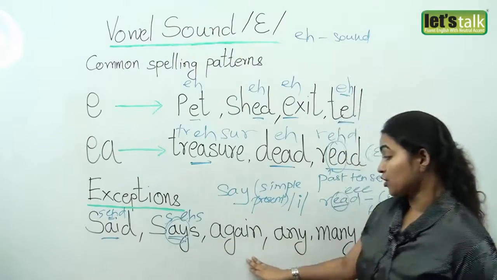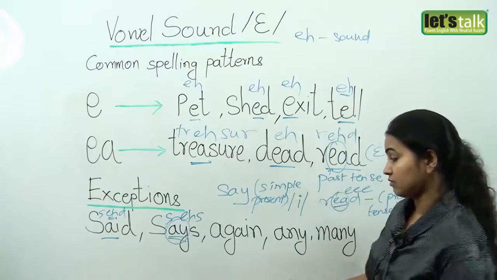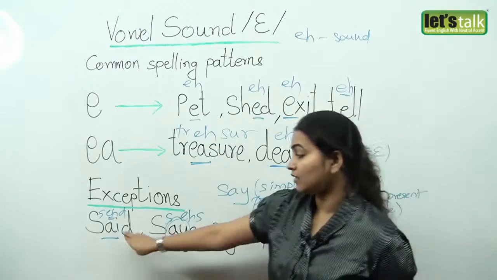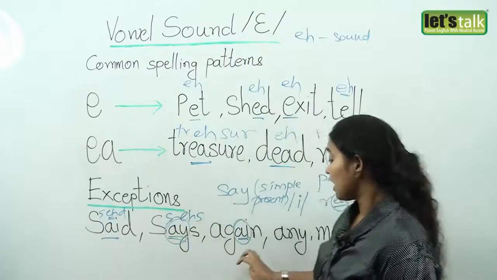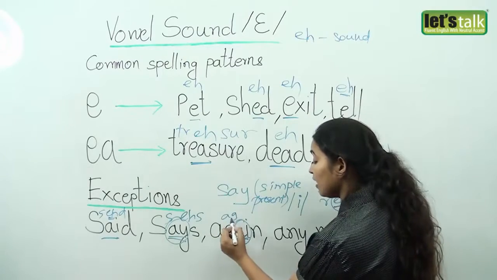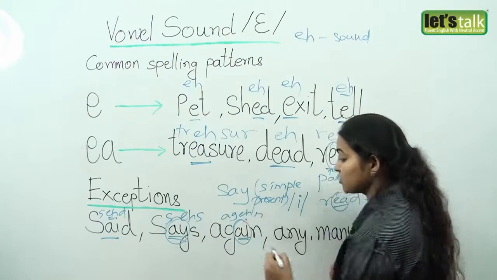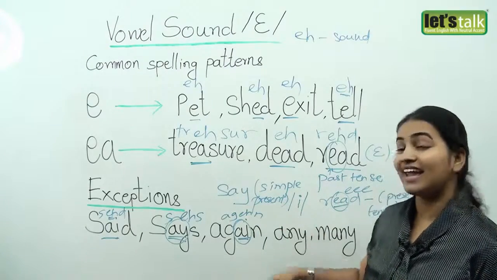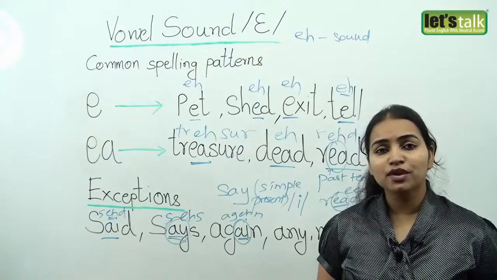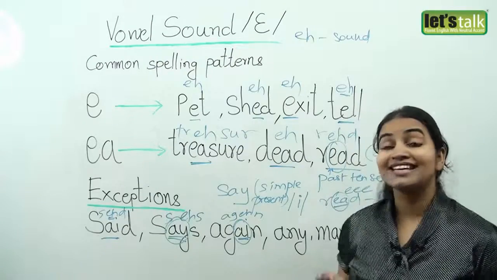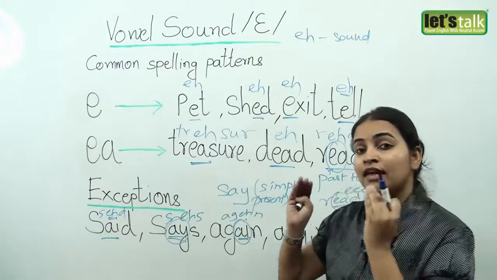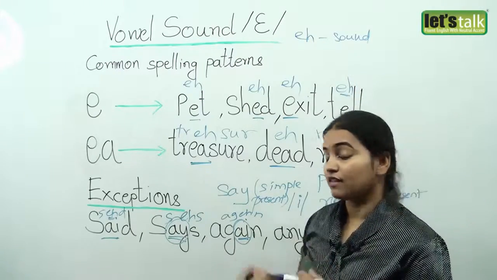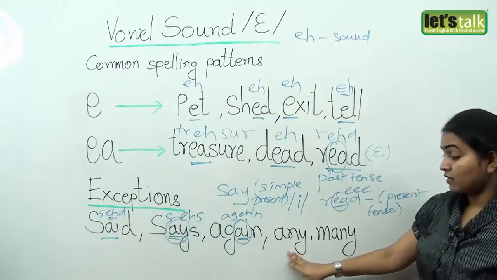Moving on to the next word, again. We have the AI, just like we had the AI in said, and the AI gives me the short E sound. So it is again. I don't say I will do it again with an A sound. I say I will do it again. Next word, any.